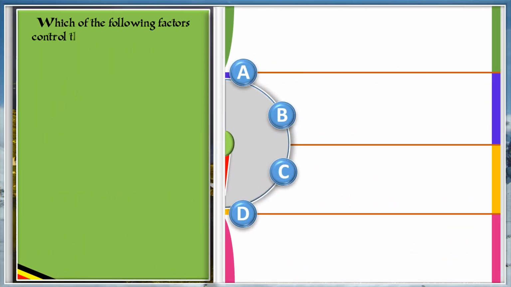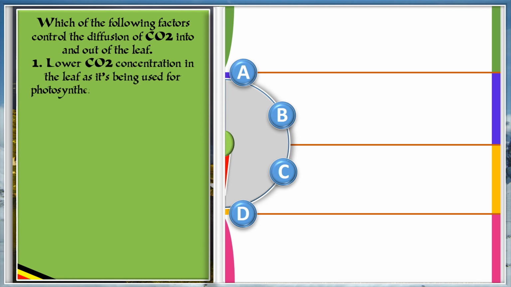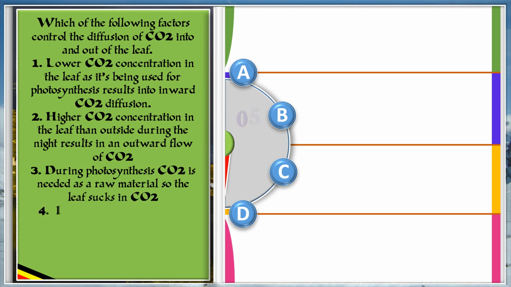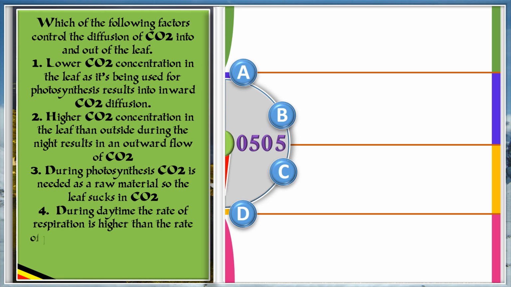Which of the following factors control the diffusion of carbon dioxide into and out of the leaf? 1. Lower carbon dioxide concentration in the leaf as it is being used for photosynthesis results in inward carbon dioxide diffusion. 2. Higher carbon dioxide concentration in the leaf than outside during the night results in an outward flow of carbon dioxide. 3.